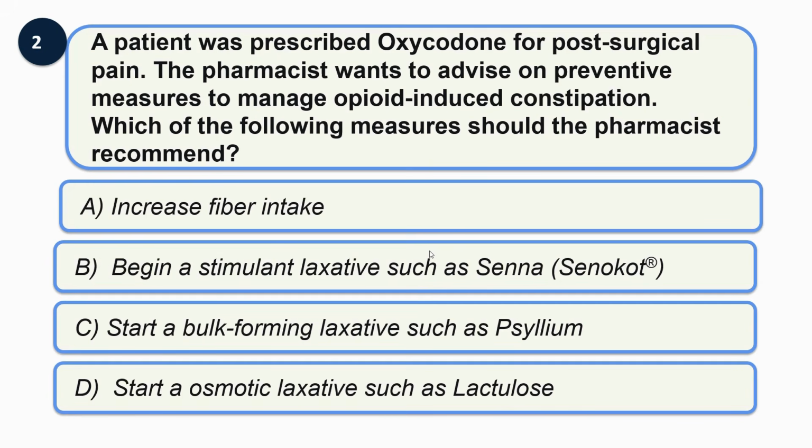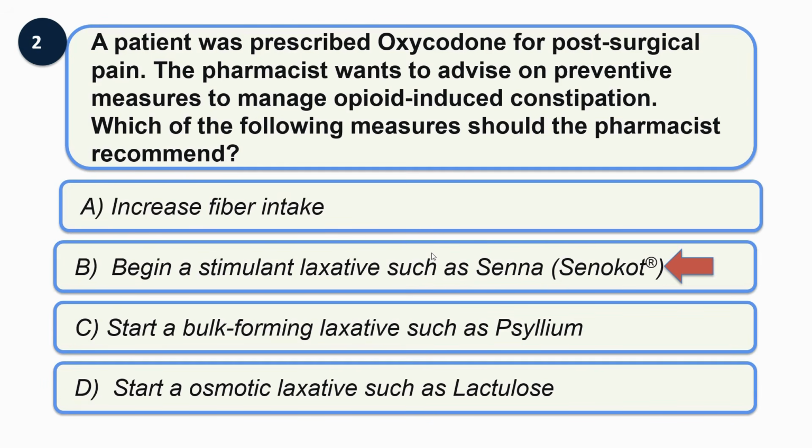Guess the best answer. I know it sounds like increased fiber intake is also appropriate, but what is the most appropriate measure? The best answer is to begin stimulant laxatives such as senna, because senna is a stimulant laxative used for preventing opioid-induced constipation.